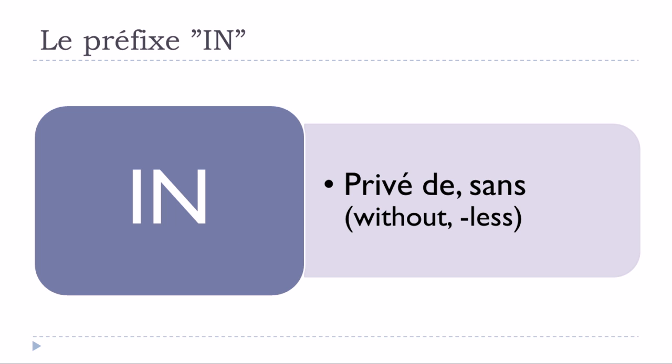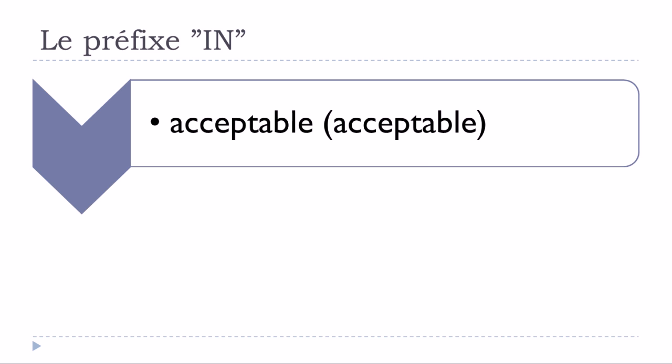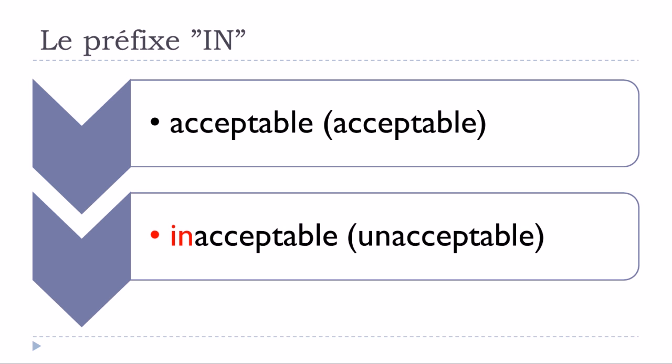Let's see a few examples now. The first one is acceptable. You will have the translation here in English, and it's not that difficult in that case. If you want to express this privé de or sans, without or less, then you add this IN at the beginning of your word and you get inacceptable. Acceptable, inacceptable.